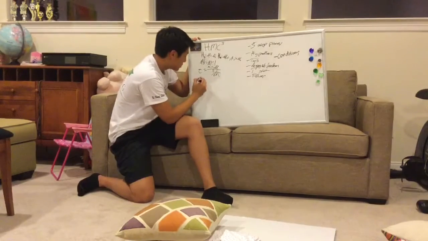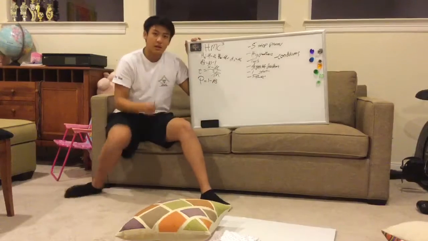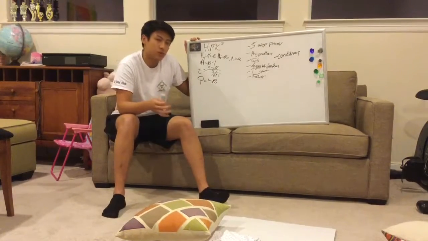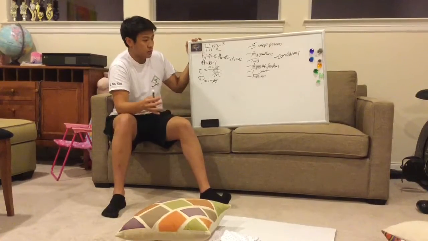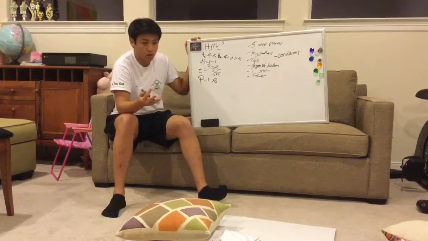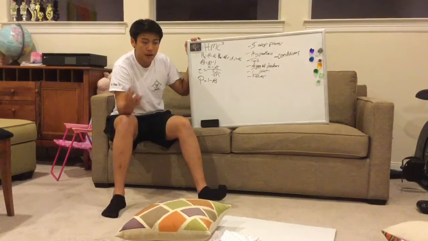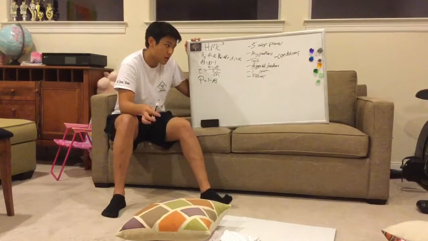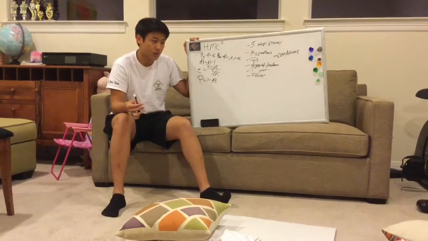The last thing is power. Power would be equal to 1 minus beta. Power is the chance that you reject the null hypothesis. For example, if you have a larger significance level, you're obviously going to have a higher chance of rejecting the null hypothesis. If you have a larger sample size, you have a higher chance of rejecting the null hypothesis.